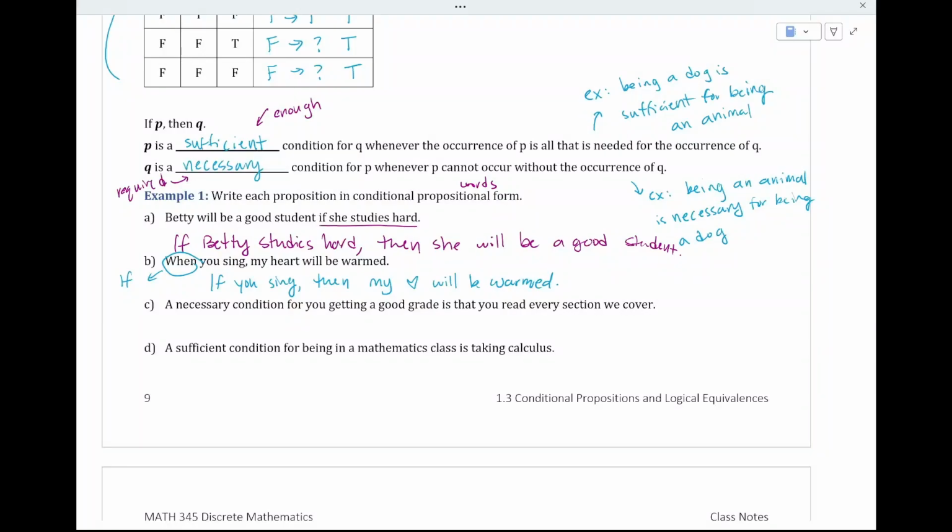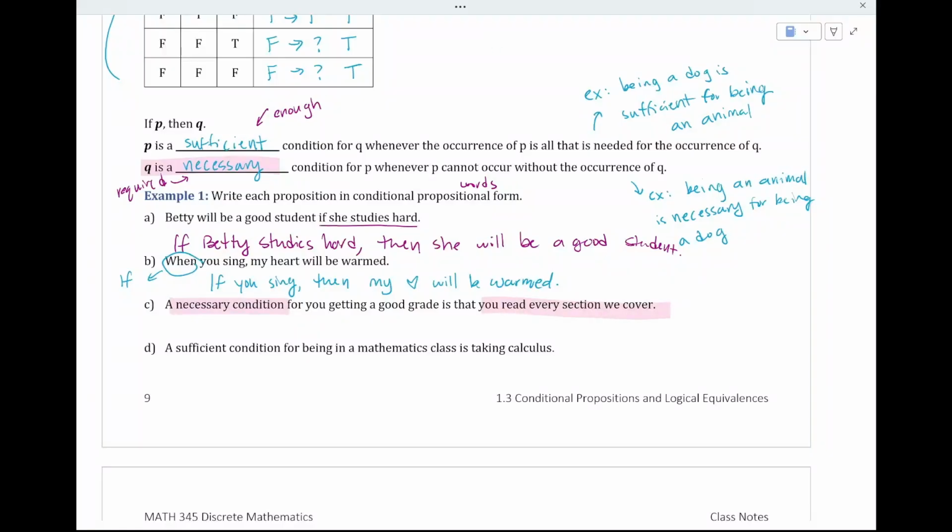So up here we said that P, we're doing necessary. Q is a necessary condition. So the necessary condition here is that you read every section we cover.